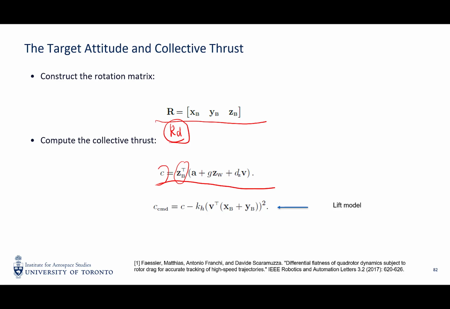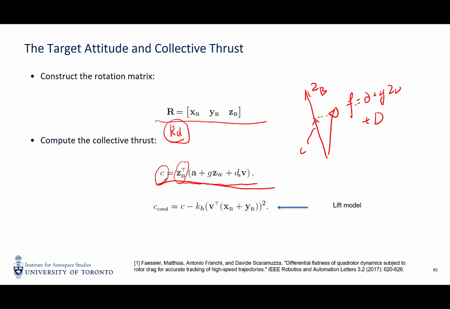This C is the collective thrust. So this is zb, and this is a force, like alpha times g zw plus some drag terms. And this C is a projection of the F onto zb to get the collective thrust.